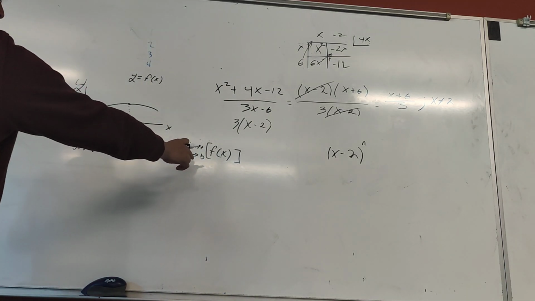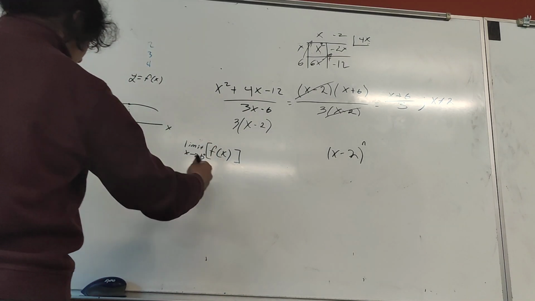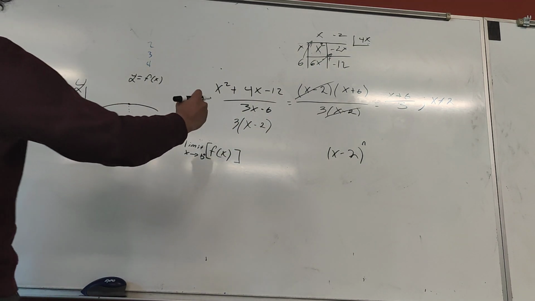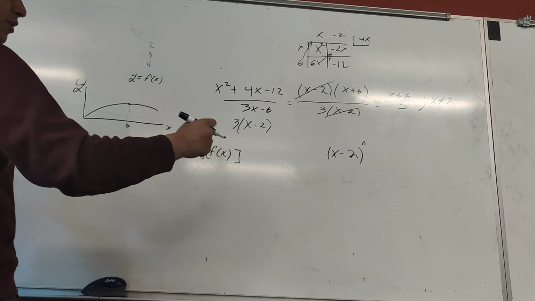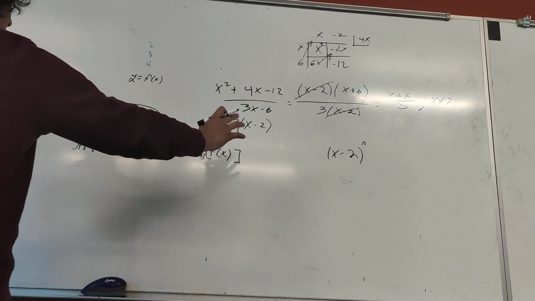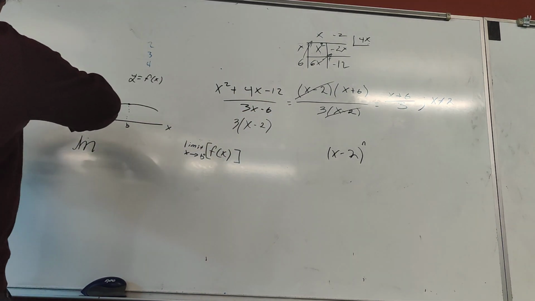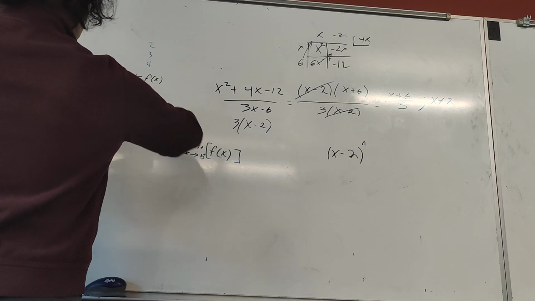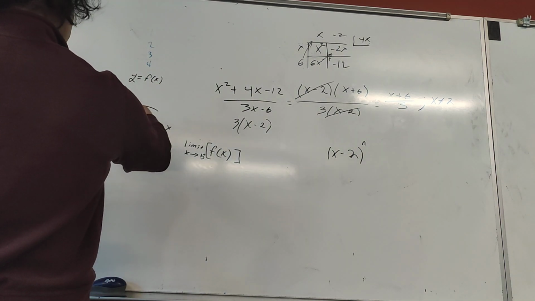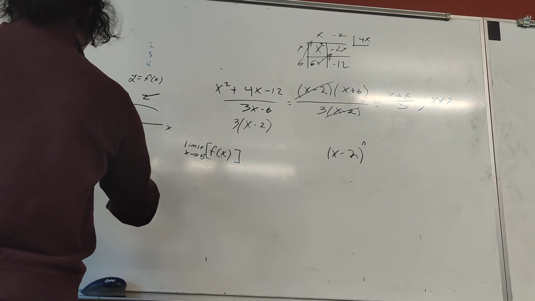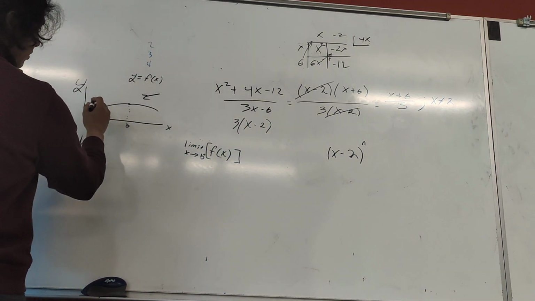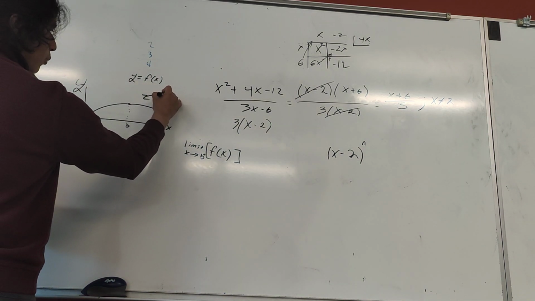The positive, or right-hand limit, is from positive, or I just say it's from positive. So it's going towards the y-intercept, going this way. And this is for right-hand.